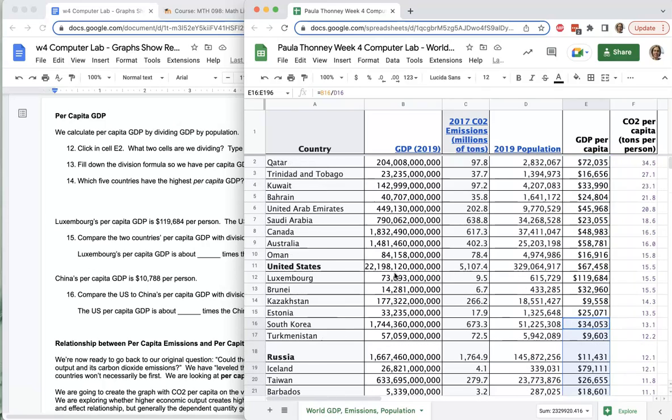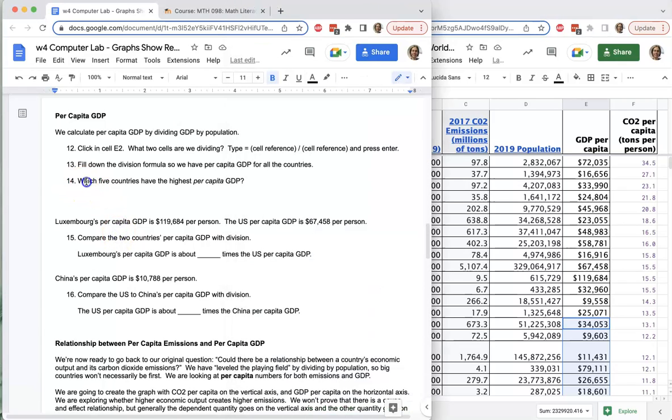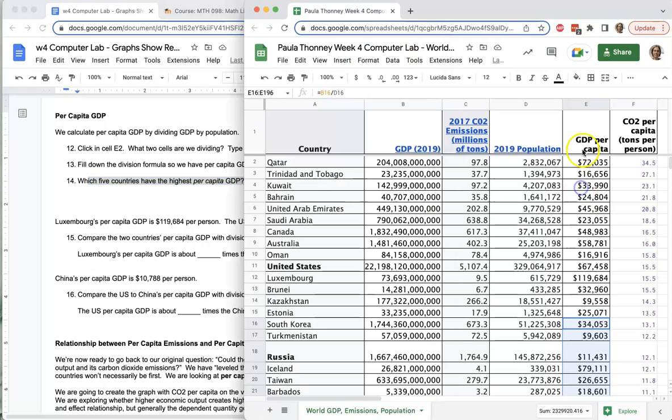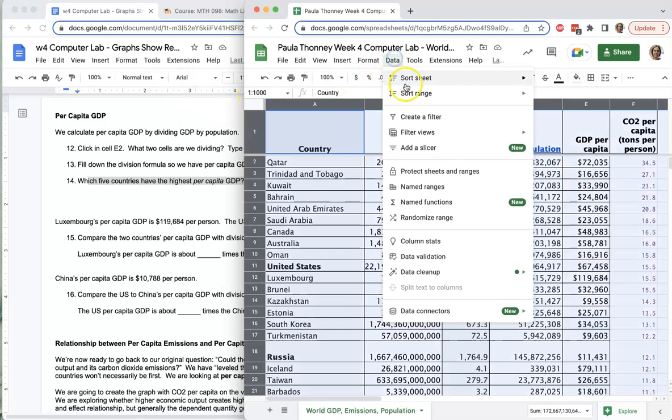Let's scroll up to the top. Where are the richest countries? Which 5 countries have the highest per capita GDP? So we want to sort this table. Well, we want to sort the entire spreadsheet by these values. So you're good at this by now.